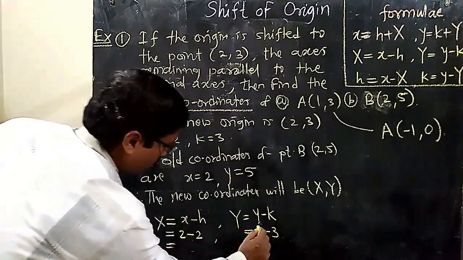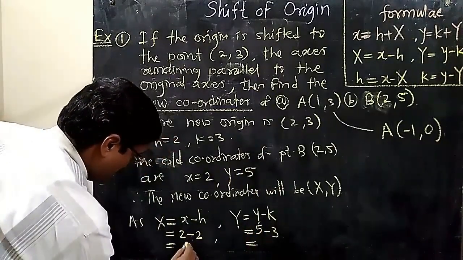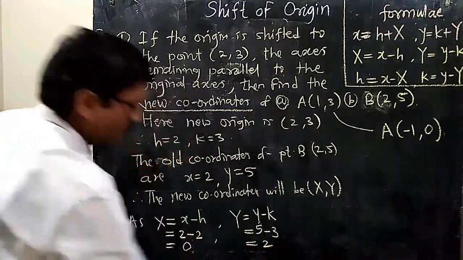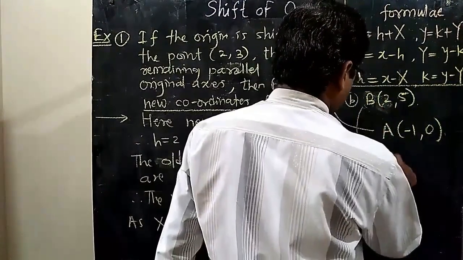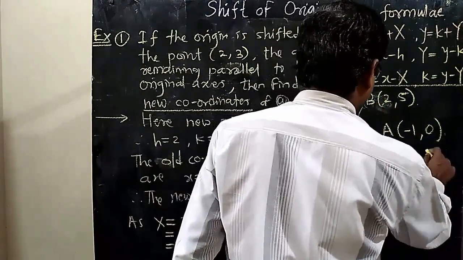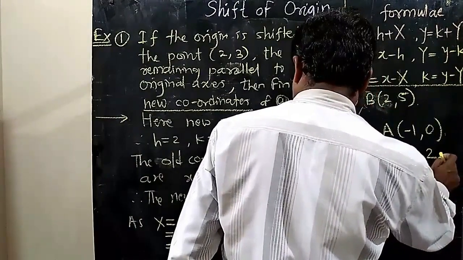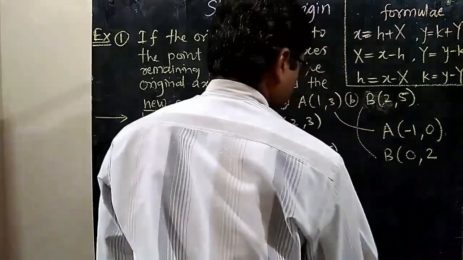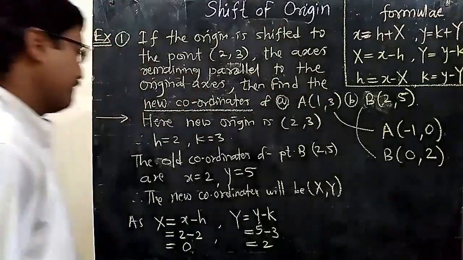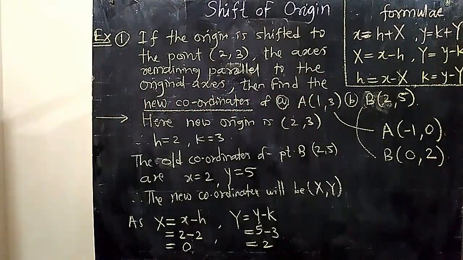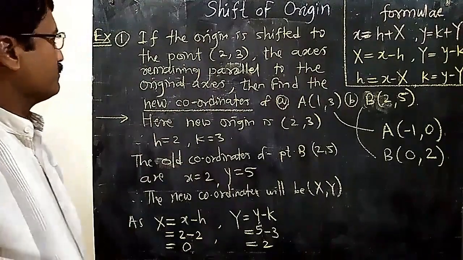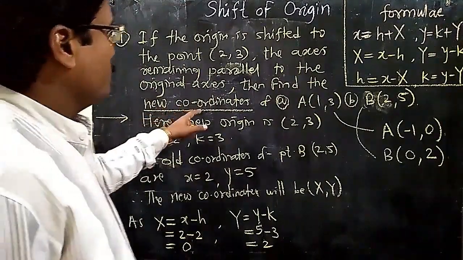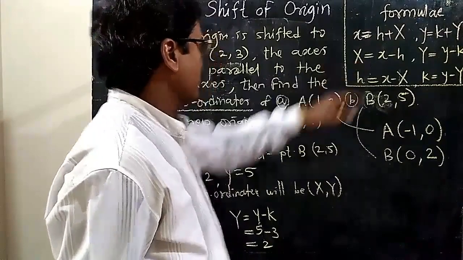Putting those two values here, we get 0 and 2. So this point B will be 0 and 2. Okay, this is the way to solve this first type of question. In this question, we have found new coordinates, means we have used this second method.